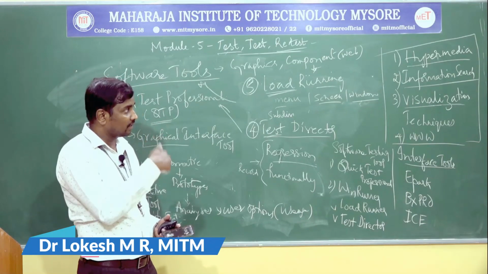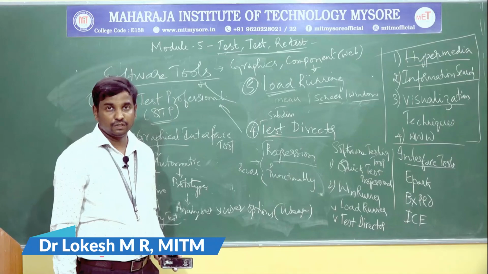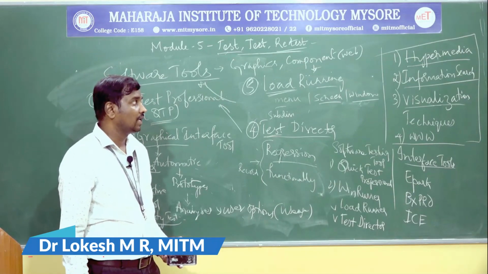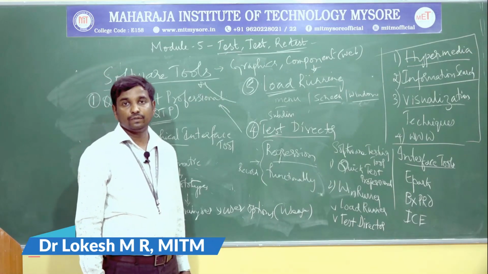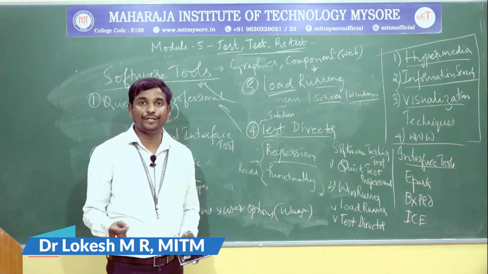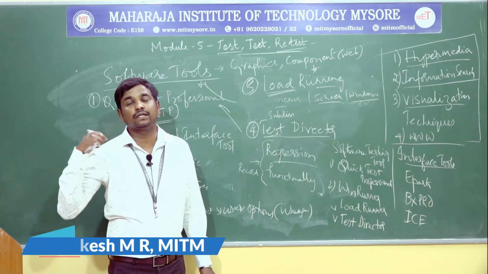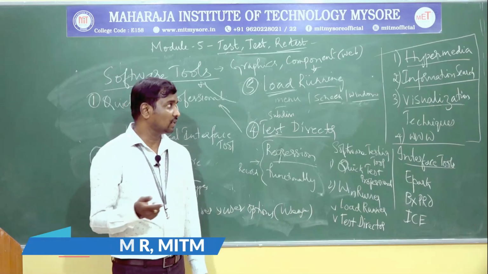In today's session, we have discussed some of the components of the user interface, starting from hypermedia, which is used as a hyperlink, that means linking between audio, video, as well as textual information for navigating to the next locations.